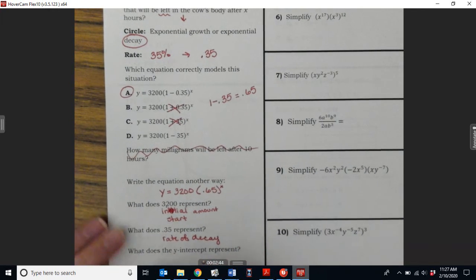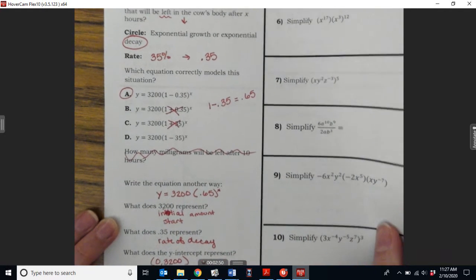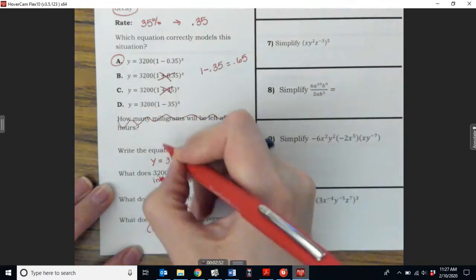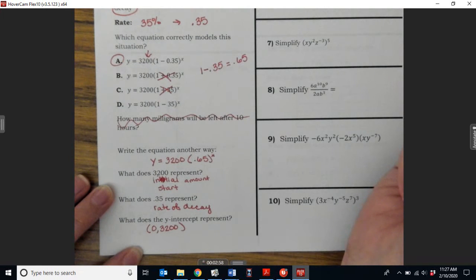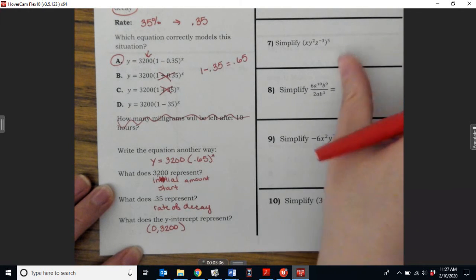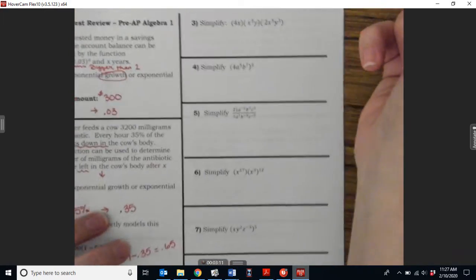And then the y-intercept is (0, 3,200), because that's the starting point. It's the first number in the equation, okay, right here. All right, so that's information on exponential functions. Remember, the other thing too is that there's actually some more exponential functions. We'll talk about those in a minute.